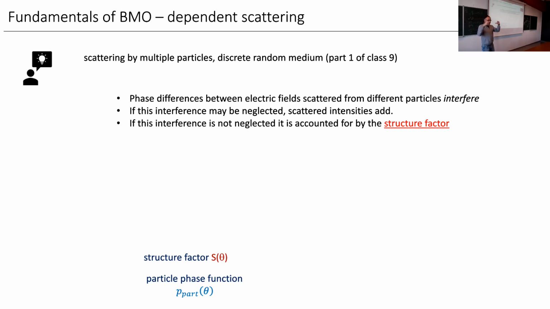But if there are restrictions because of the size of these particles that cannot overlap, then that may not always be true. Sometimes they will not cancel. So you have to take these phase differences into account, and that is done by a function called the structure factor.